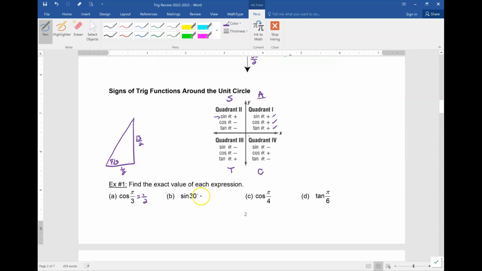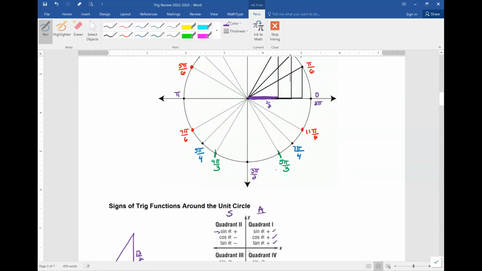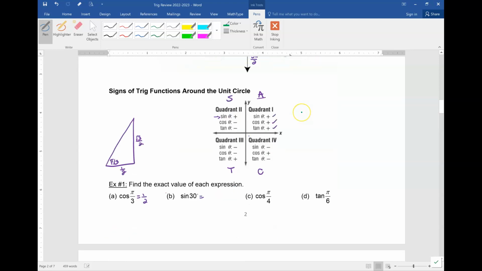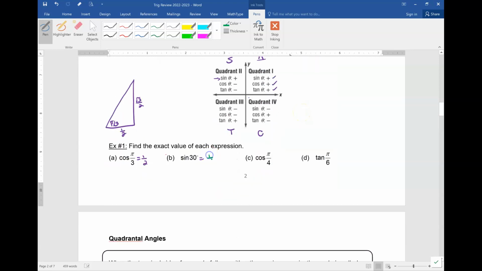Okay, sine of 30. 30 degrees is here. I'll do that in green. Sine is the opposite, right? So between the vertical and the horizontal distance, sine is the short one of 1/2. So sine of 30 is 1/2.